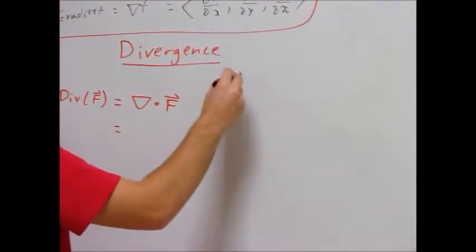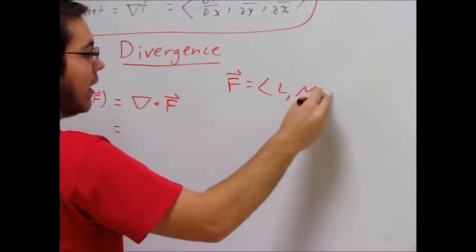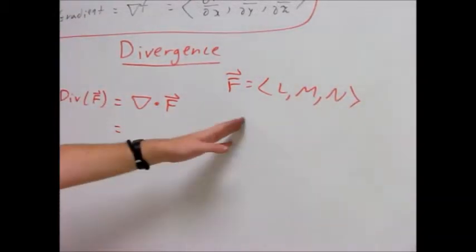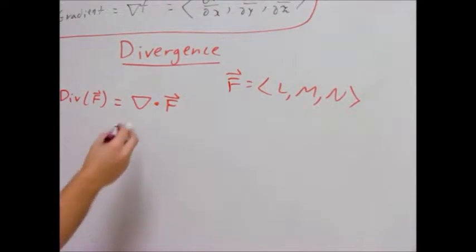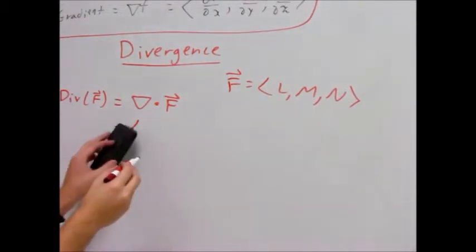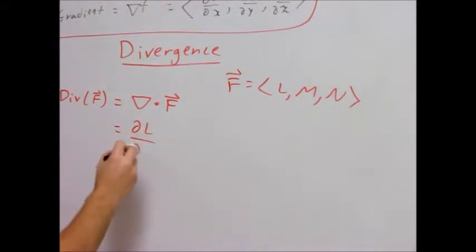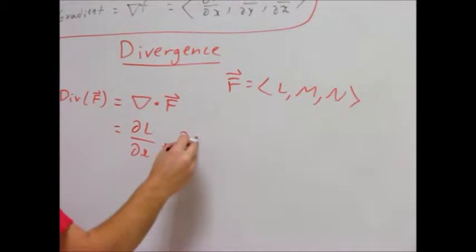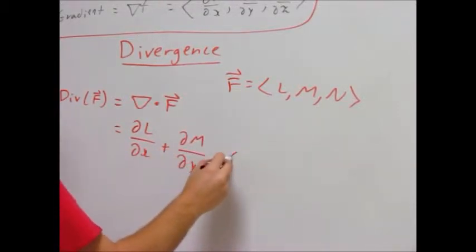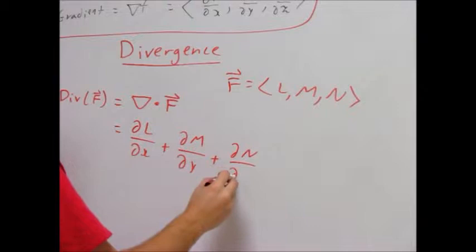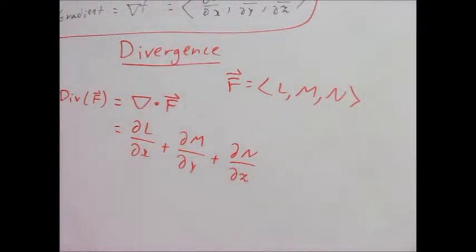If f is, let's say, something like L, M, and N, where L, M, and N are functions of x, y, and z, then this would just be the partial derivative of L with respect to x plus partial M with respect to y plus partial N with respect to z. Now this is in Cartesian coordinates.